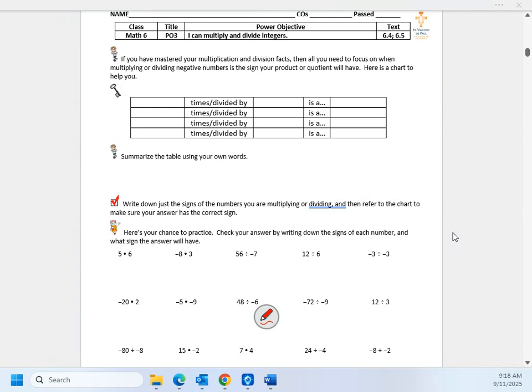So we're going to fill in that table to help us remember if our sign is going to be positive or negative. So if our first number is positive, and we multiply or divide it by a positive number, so a positive and a positive, that's what we've been working with over the years, positive times a positive, our answer is going to be a positive.